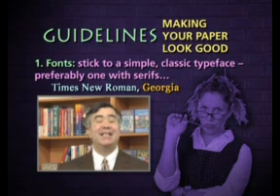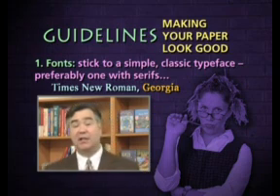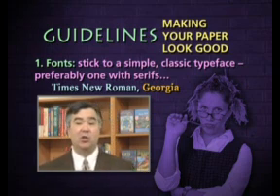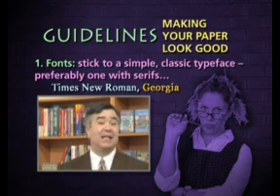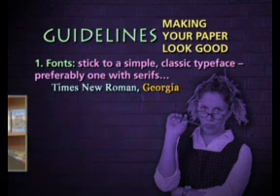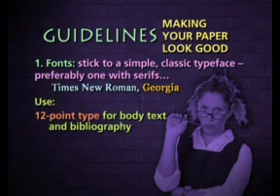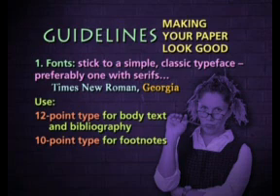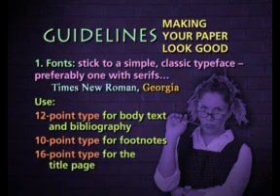Georgia is another serif face that's quite attractive, and some people prefer it to Times New Roman. Your study guide contains a list of more suggestions regarding research paper typefaces. We recommend using 12-point type for your body text and your bibliography, and 10-point type for your footnotes. You can use a larger font for the title of your paper. 16 points is a good choice.